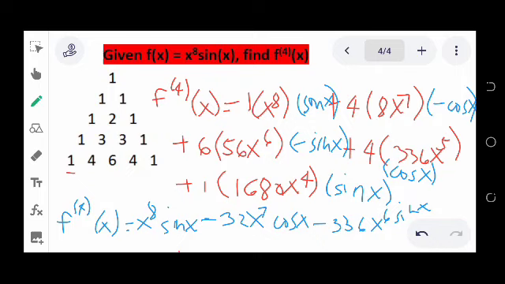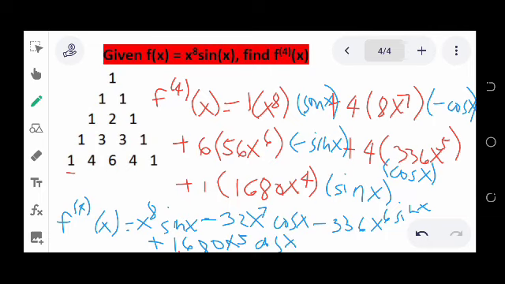And then you have 336 times 4. That gives you 1680x to the 5th cosine x.